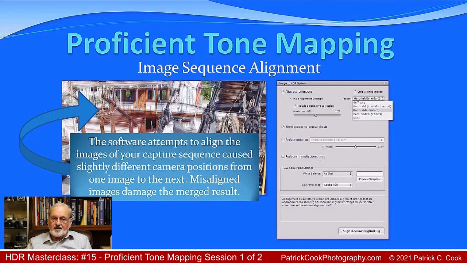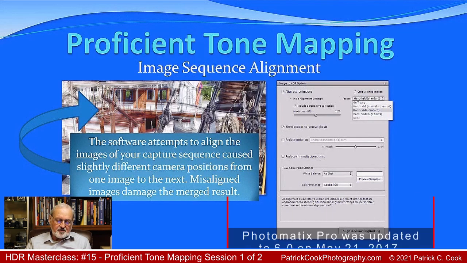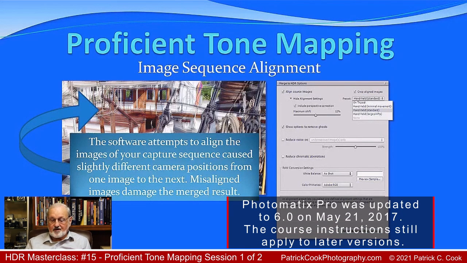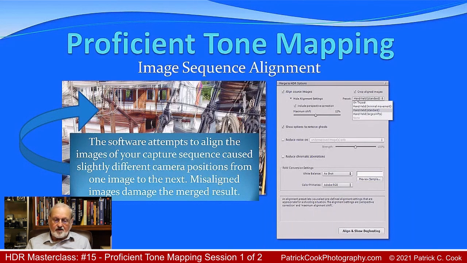Let's start by taking a look at the process which is called image sequence alignment. And really, it's a process of taking your multiple 8-bit captures. It could be 2, 3, 5, 7, 9 captures, but the number of captures is really not important here.